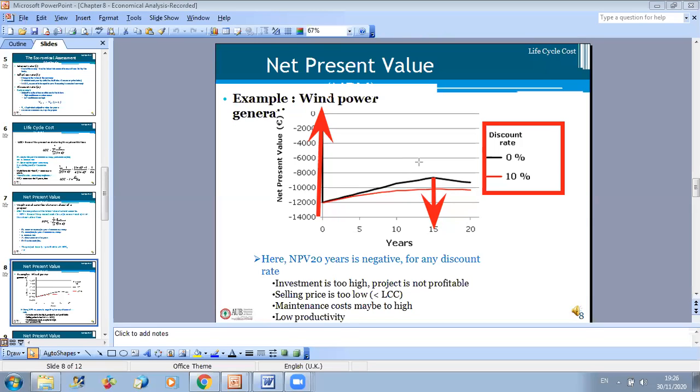So here, at any time, NPV is negative, even for a discount rate of 0. So even if you have complete confidence in the future, you have negative results. So no need to continue the analysis here. No need to take A higher than 0%, because if A is larger than 0%, NPV will be lower, because the lower the confidence in the future, the lower the NPV.